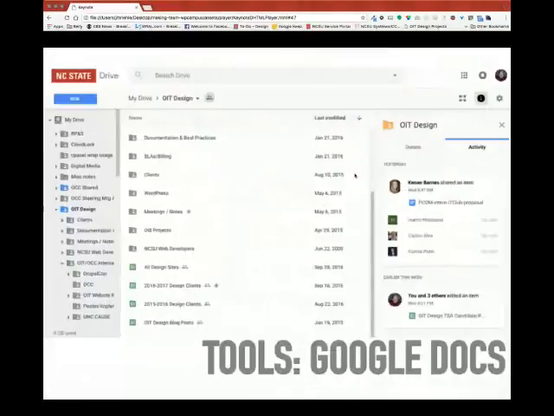Again, because we're a Google campus, we have a whole lot of stuff in Google Drive. We keep a lot of our documentation in there for some of our accounts and resources and things like that. But we also keep notes in there from clients occasionally. All of our information about billing is handled through that.